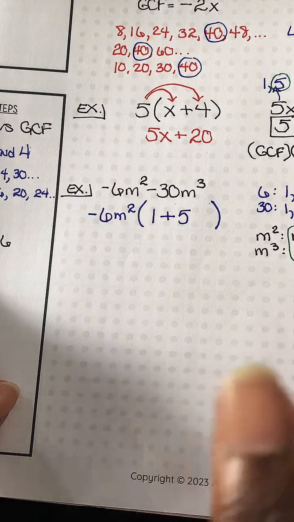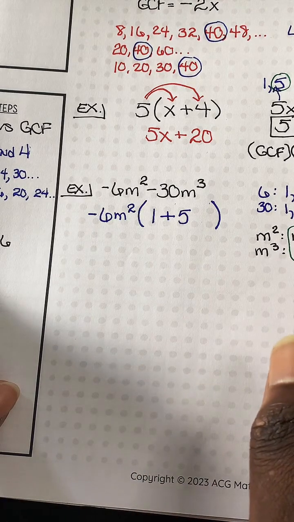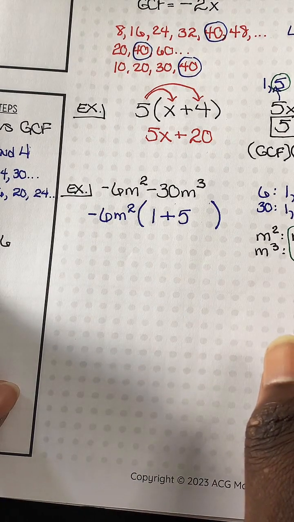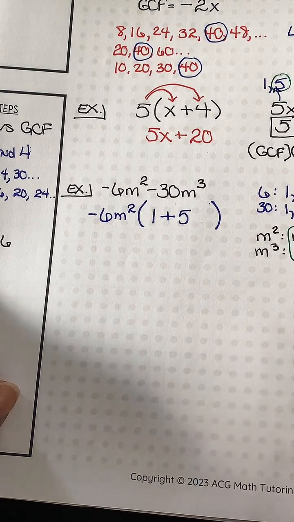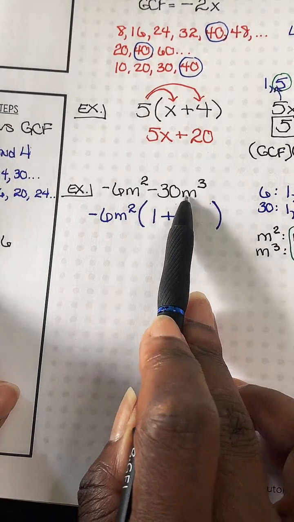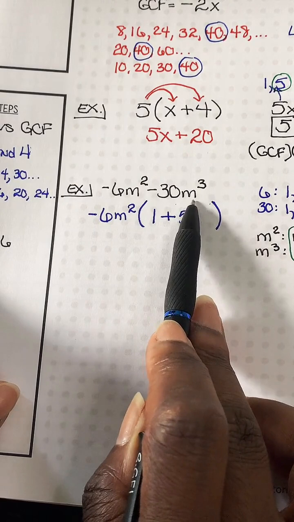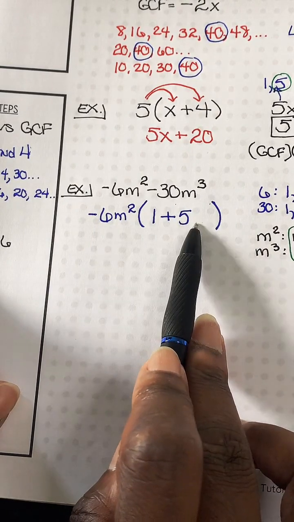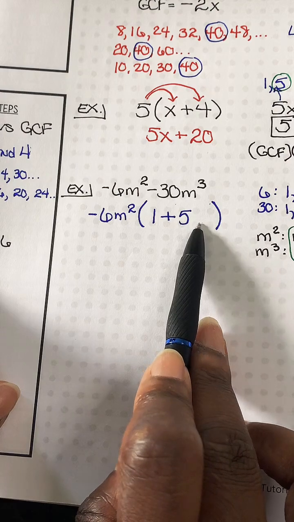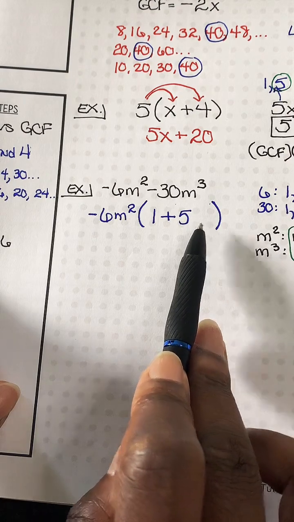Okay, good. Ask the question again. So if I have 3 m's here, I took 2 m's out. How many m's are left? Yes, 1 m is left.